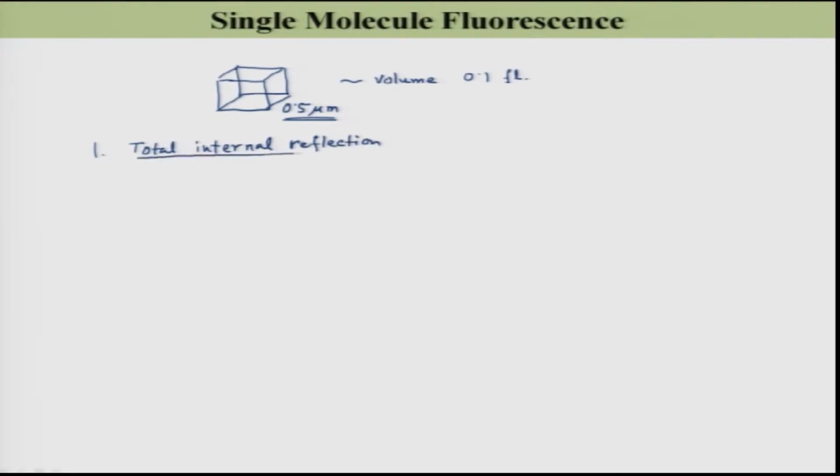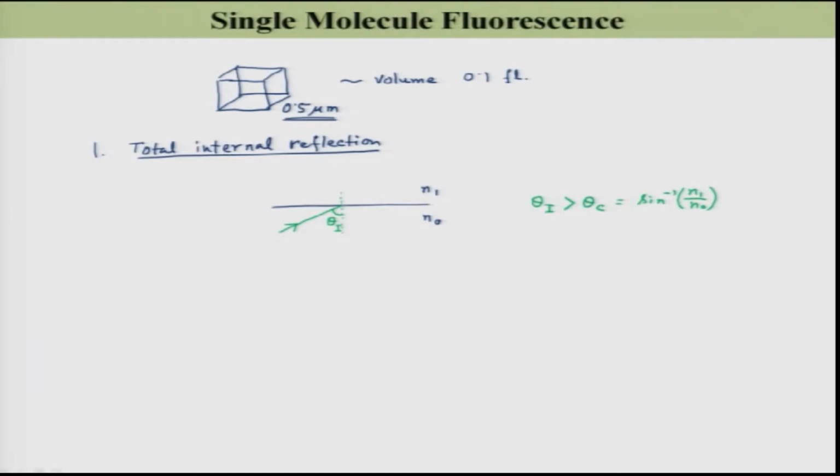In the total internal reflection method, we know that if I have two media, one with a refractive index n1, the other with a refractive index n0, and incident light falls through the medium with refractive index n0 towards the medium with refractive index n1, and if the incident angle theta I is greater than the critical angle theta C, which is defined as sine inverse n1 by n0, then there will be total internal reflection.